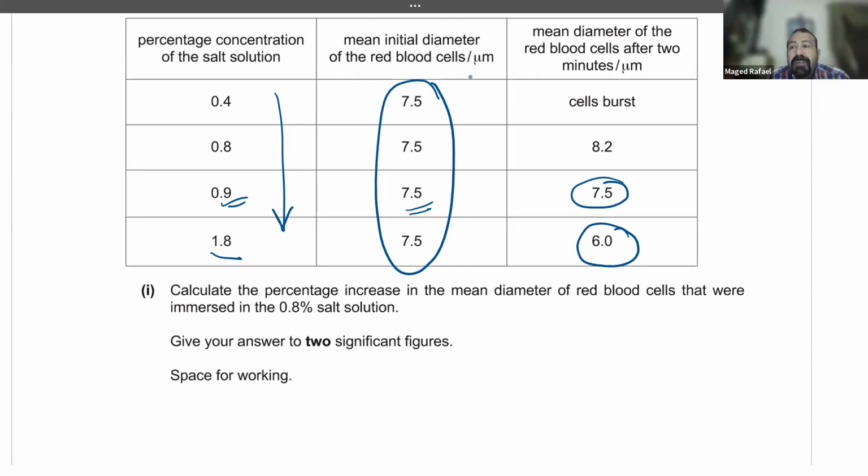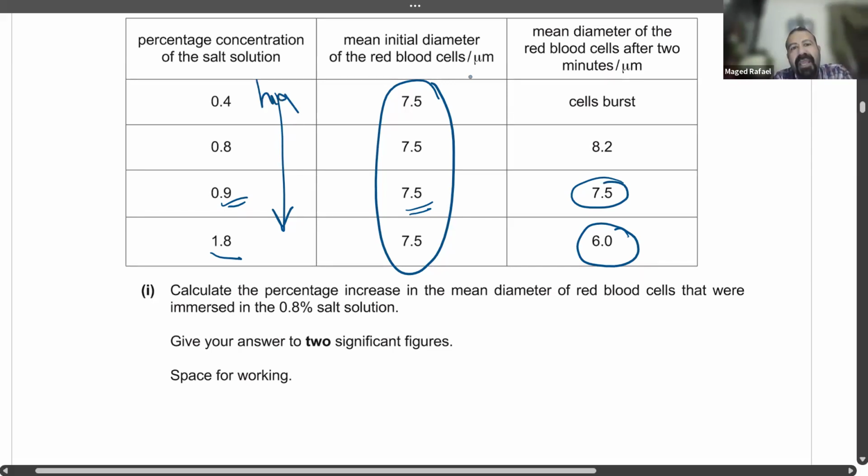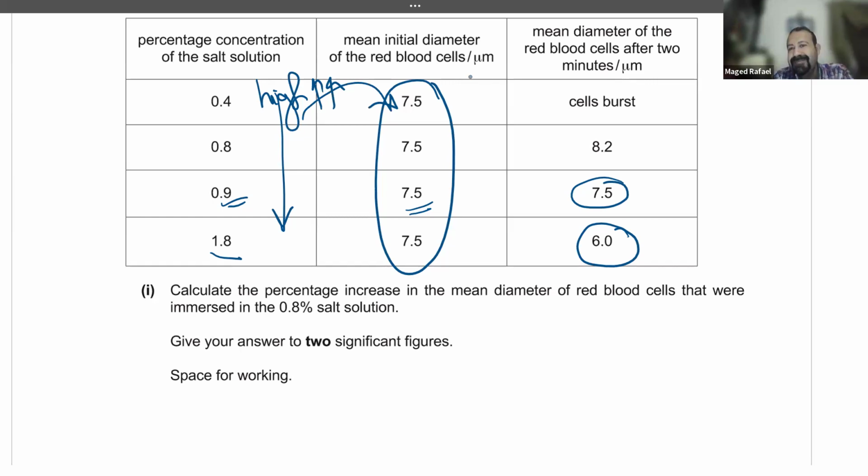So the water potential changes, meaning water moves from high concentration to low concentration, as you know, by osmosis. So water moves here because here we have a high concentration of water, or high water potential. So water moves from the solution to the cell.